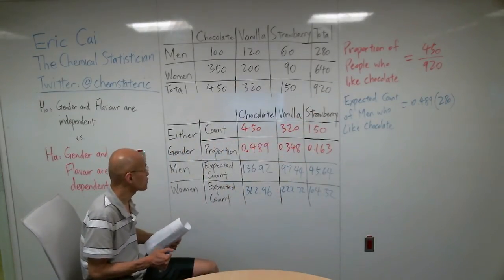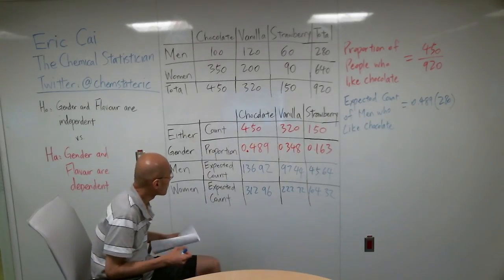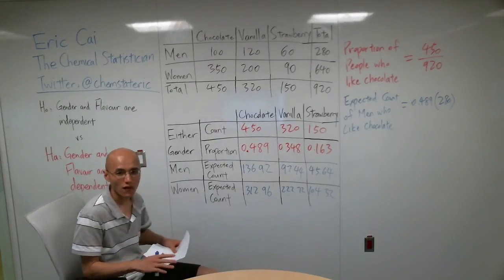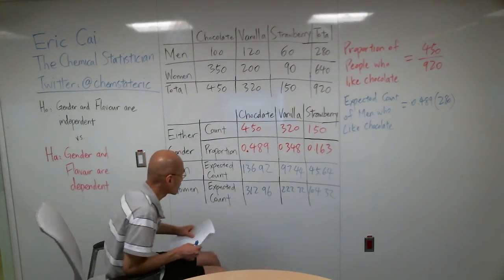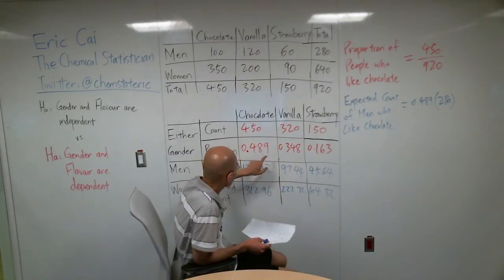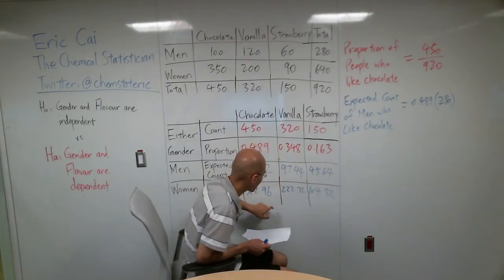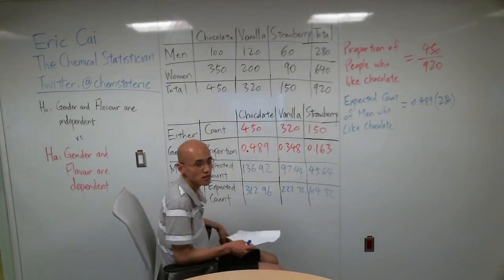I encourage you to do these checks on your own. They may be slightly off just because of round-off error. I've rounded these proportions to three decimal places, and I've rounded these expected counts to two decimal places.